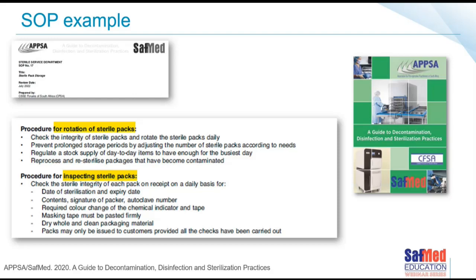You're checking for the date of sterilization and assuming you're using an expiry date, the contents, the signature of the packer, the autoclave number, that the details are on the set as they are supposed to be, that there has been a color change of the chemical indicator or tape on the outside, that the masking tape is still firmly applied, that the pack is dry, that it's whole and that it's clean and it's not torn. And remember that packs should only be issued to customers, i.e. the operating room, if all the checks have been carried out. A very important concept.